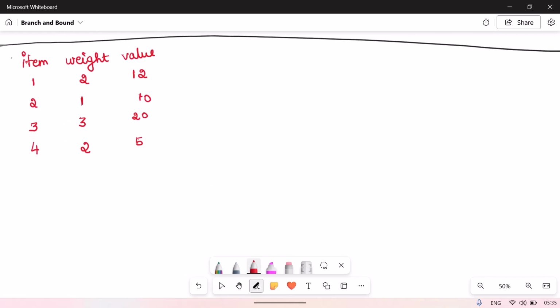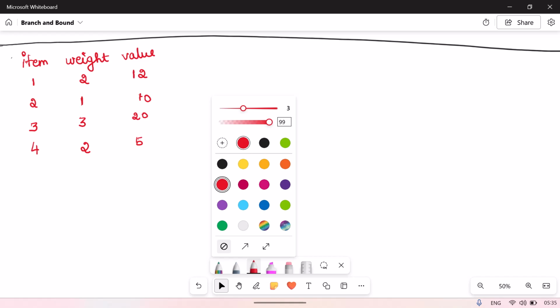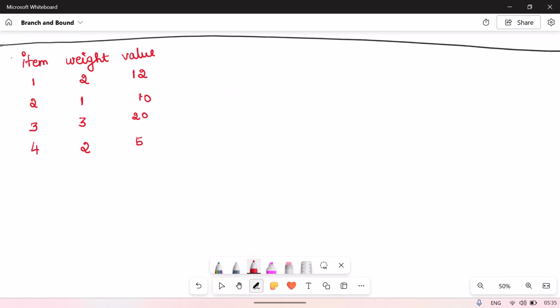Let us first do V by W so that we can arrange them. So 12 by 2 is 6, correct? 10 by 1 is 10. 20 by 3, 3 times 6, 18.